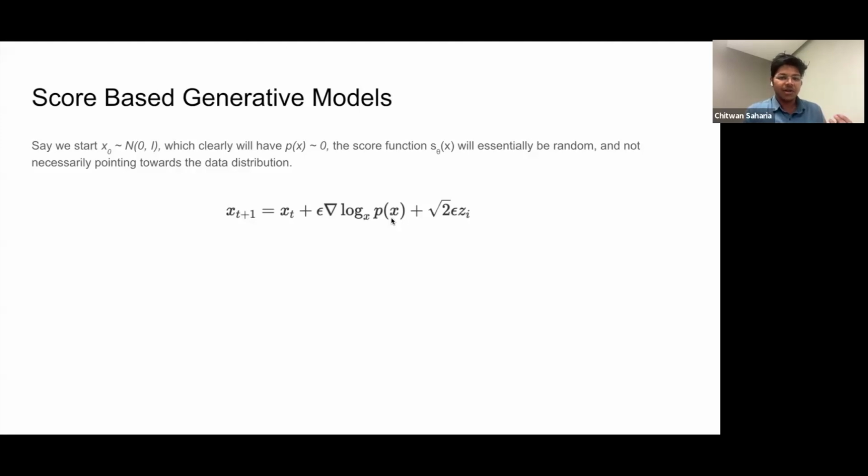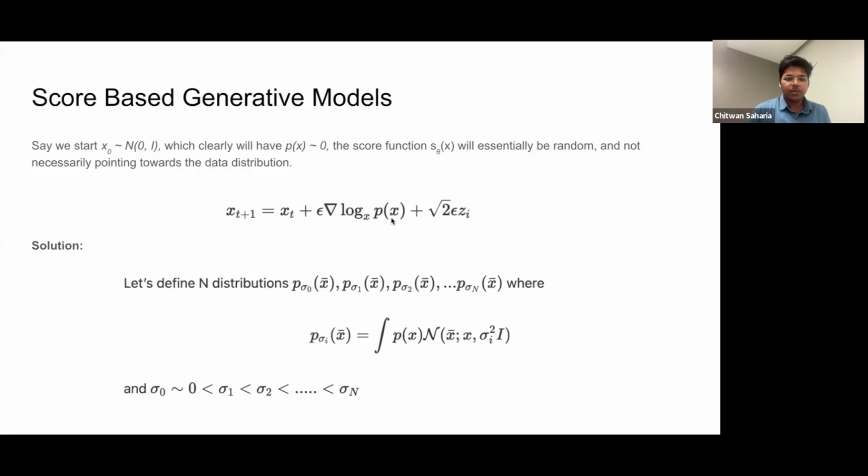So we would never have learned a score function for that kind of data, and our score function will essentially be random. We would not be making any progress towards the data distribution when we start out. If we do not take steps in the right direction towards data, we would never arrive at a point where the score function is meaningful, and we would just keep going around in this large dimensional space without making any progress.